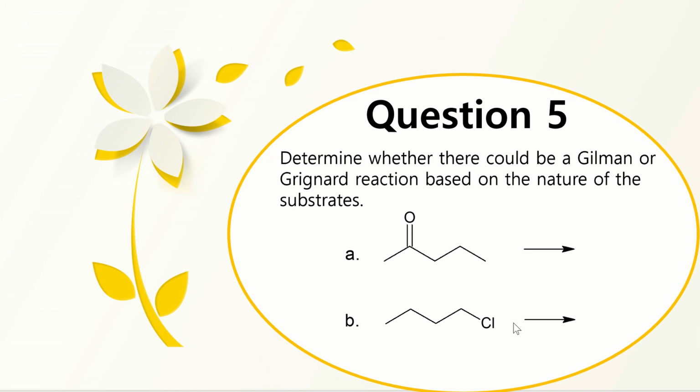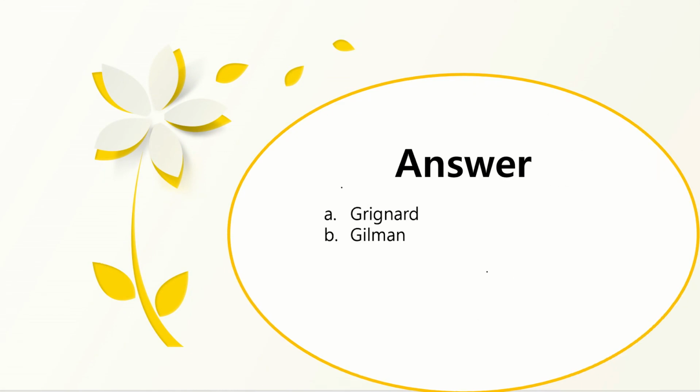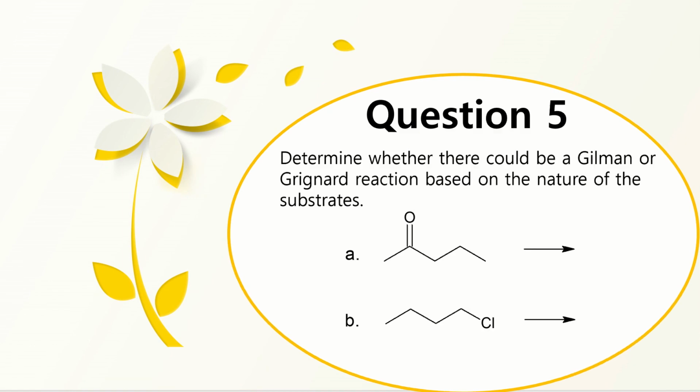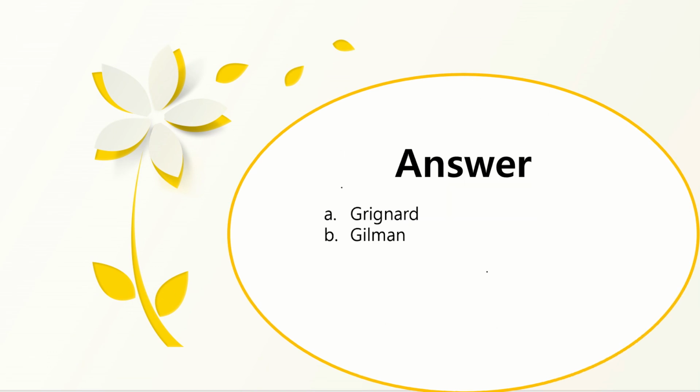The question is, which reaction would happen? Would we have a reaction with a Gilman reagent or a Grignard reagent? So if you guessed Grignard for the first, that is the carbonyl, and Gilman for the second, which is the alkyl halide SN2, then you would have had the answer and you're learning.